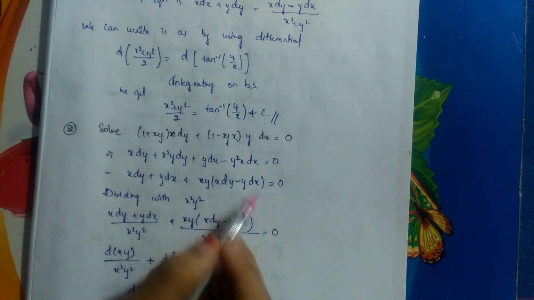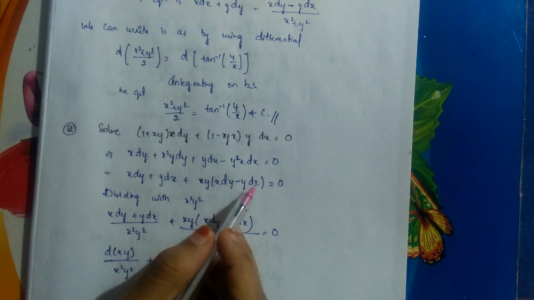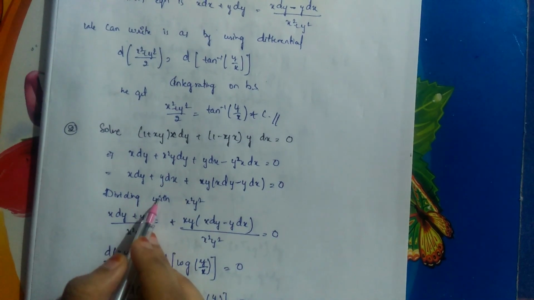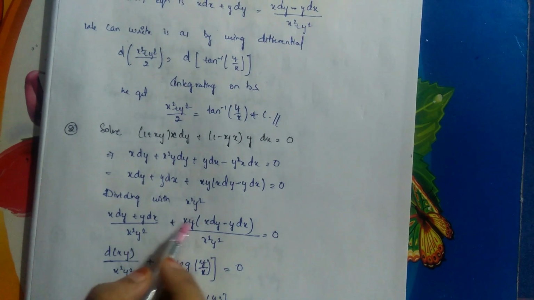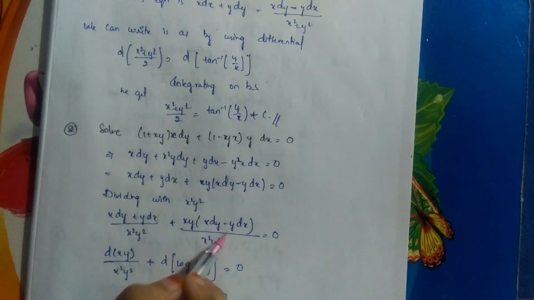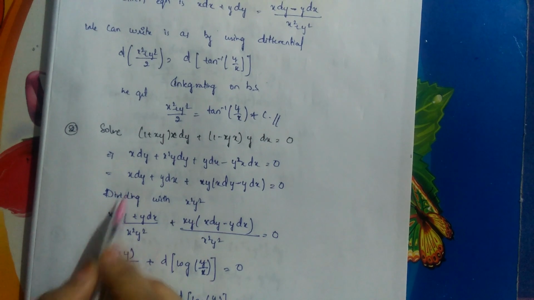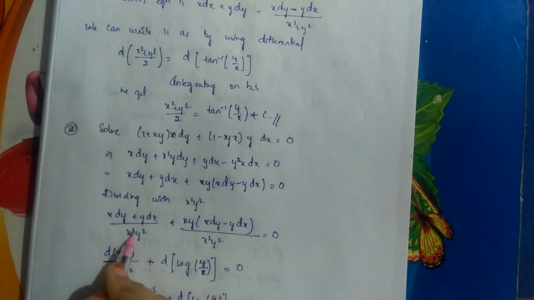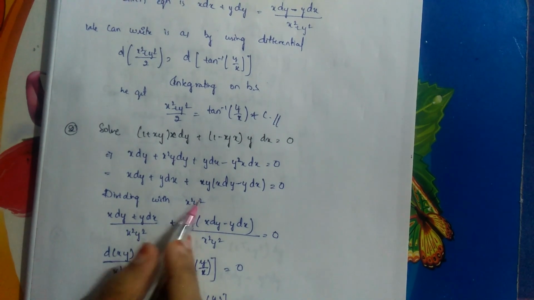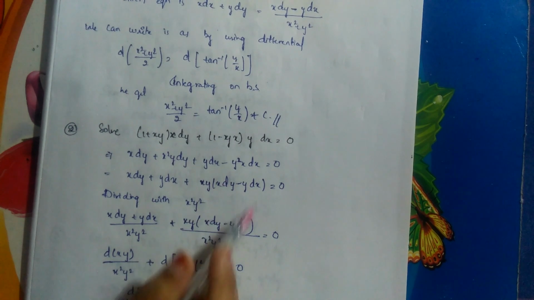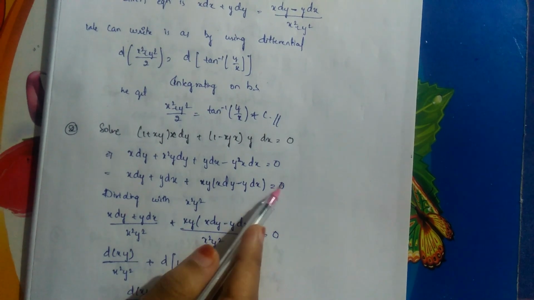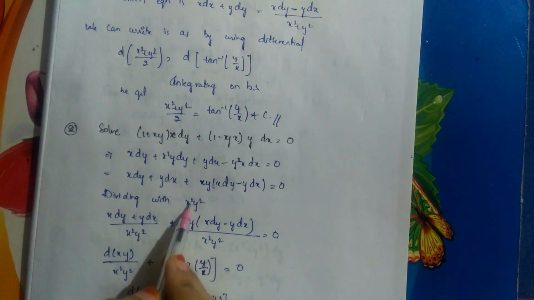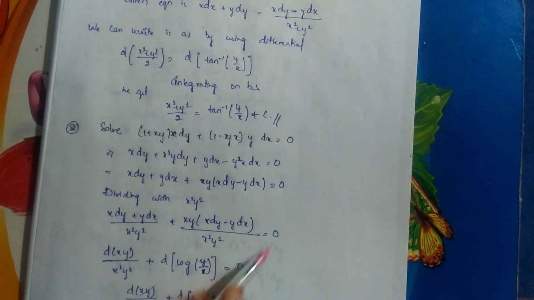So according to the formula, we have to convert these terms. So now dividing with x square y square, you will have the formula for this. When we divide, (x dy plus y dx) divided by x square y square plus xy of (x dy minus y dx) divided by x square y square equals 0 divided by x square y square, which gives 0.